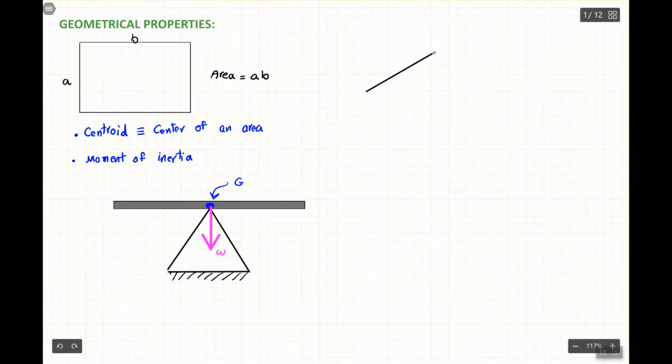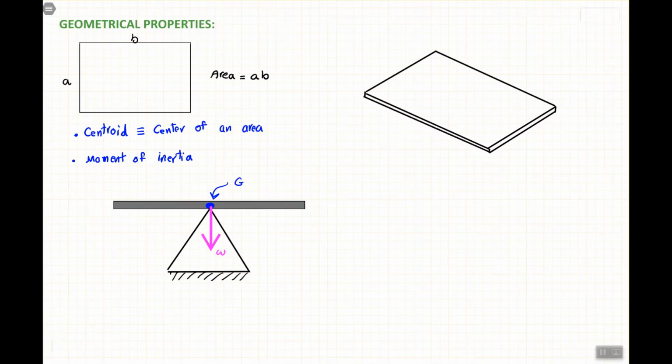Let's say we have a plate with thickness T, and this plate has a very small thickness, and this time I try to put it on this cone, on this sharp point.